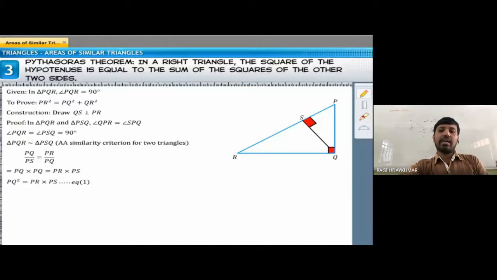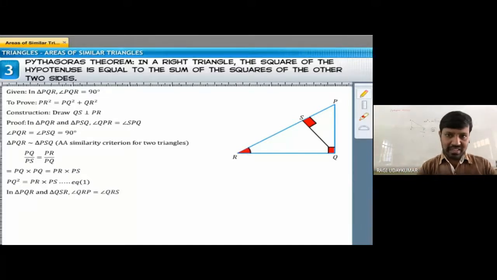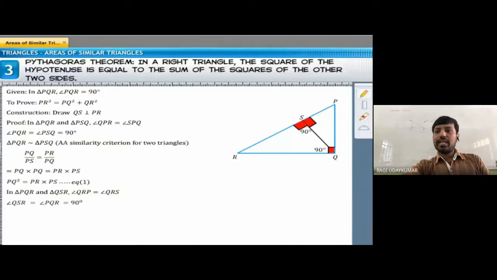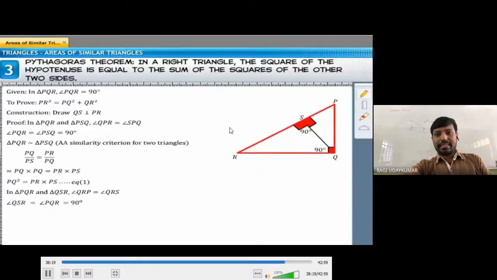In the same way, you need to take the other triangle, that is the RSQ triangle. Whenever you take it, name the triangle as PQR, whenever the name is given, PQR is the given triangle name, and QRS, better you give the name, because R is common here and S is equal to Q. So angle R is nothing but in both the triangles angle R is there, that is this angle, that is QRP and QRS, and angle 90 degrees is there.